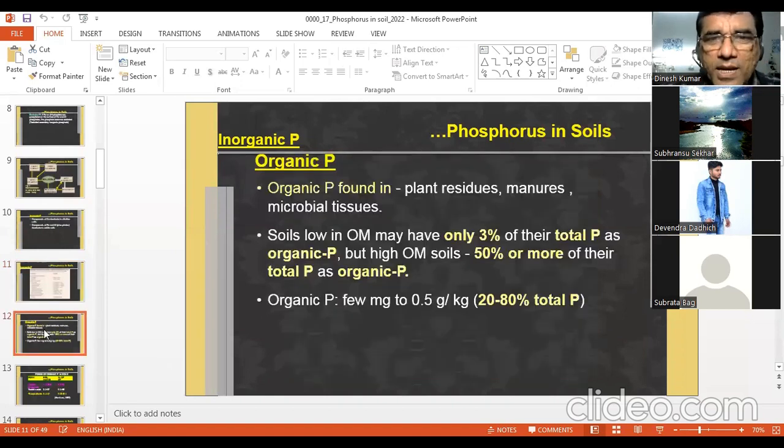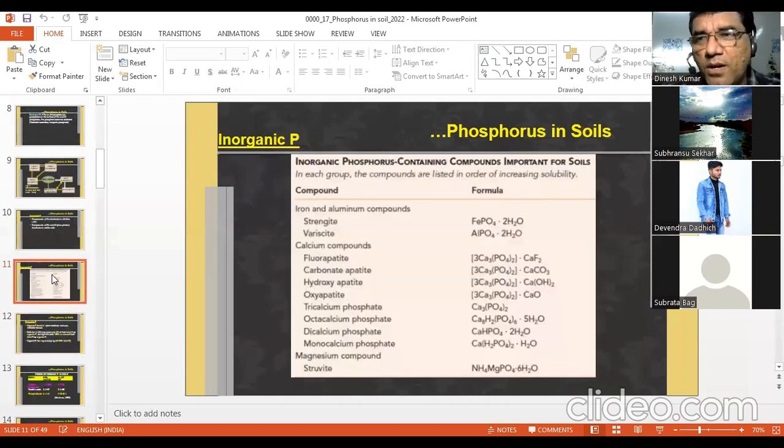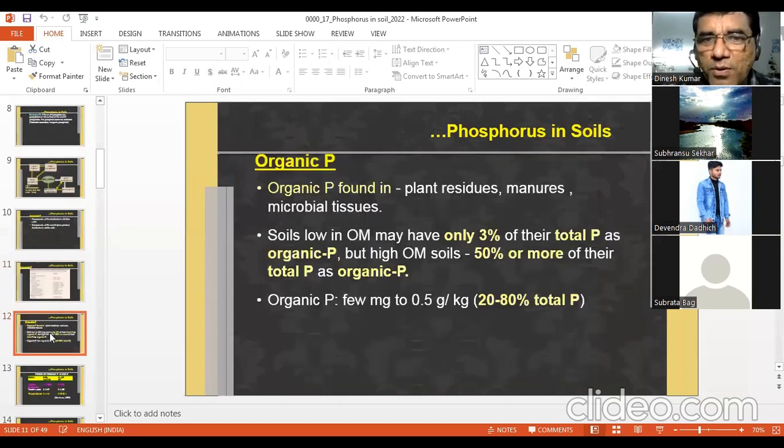Now coming to organic P, you have seen different forms of inorganic P in soil. Now see organic forms. Organic phosphorus is found in plant residues, manures, and microbial tissues. Soils low in organic matter may have only 3% of their total P as organic P, a very small contribution.